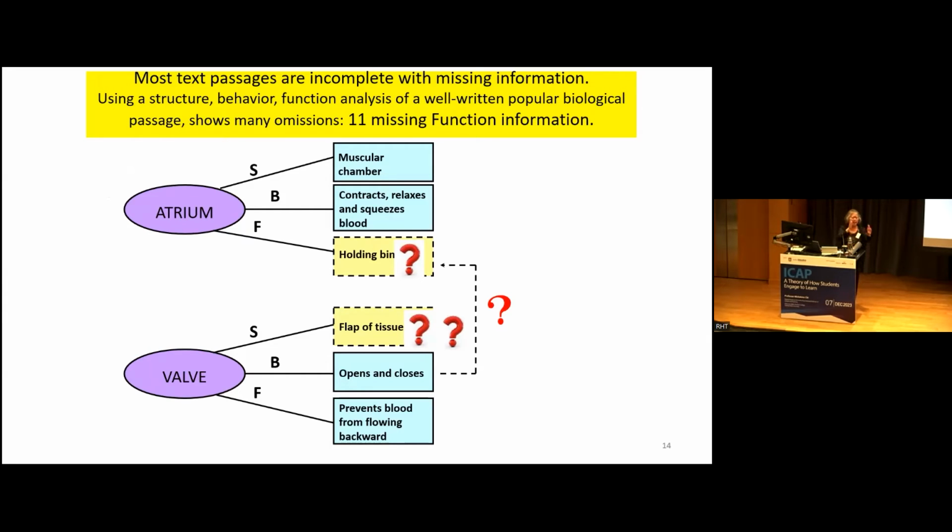We looked at the best, most commonly used textbook in biology, and we looked at the passage about the human circulatory system. Every passage has missing information. They vary in what they miss, but they all have different missing information. This in and of itself tells you that you cannot make this instructional information perfect, right? You need the students to construct their own understanding by making it perfect.